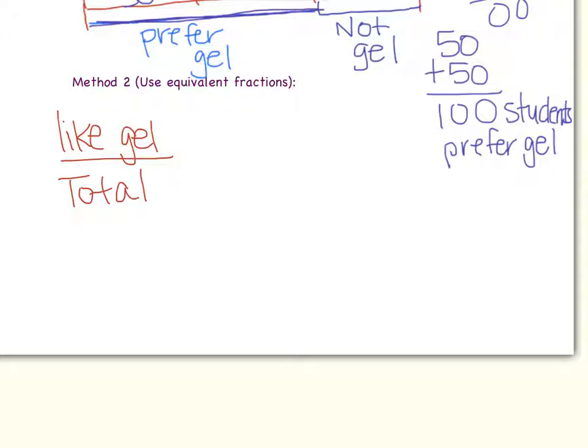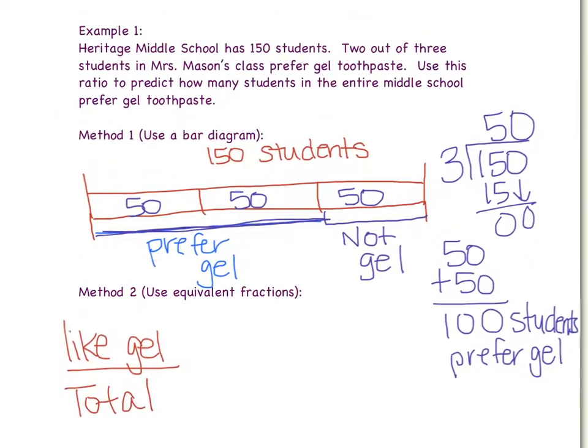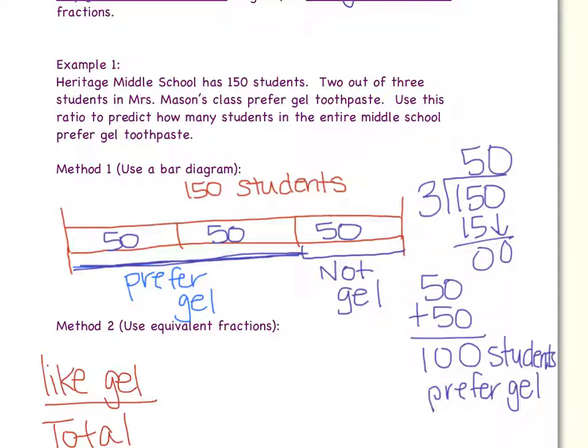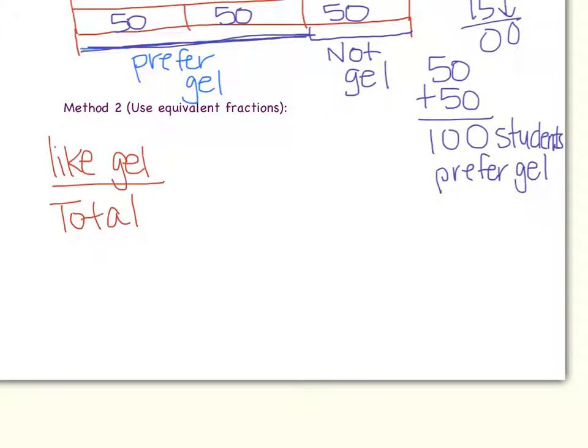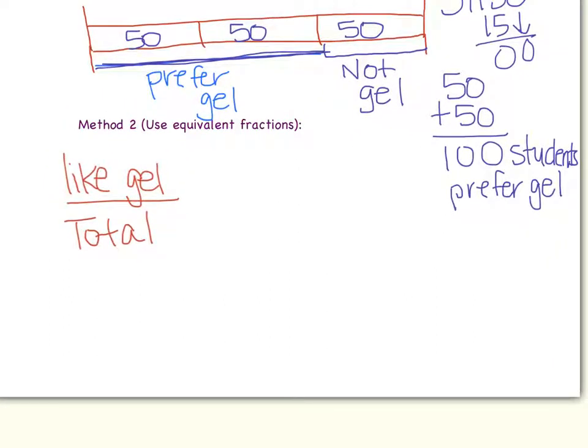Okay? And if we go back to our problem, it said the ratio of 2 out of the 3 students in Mrs. Mason's class prefer the gel toothpaste. So I'm going to go ahead and use that information first. The ratio was 2 students liked gel to every 3 students total.